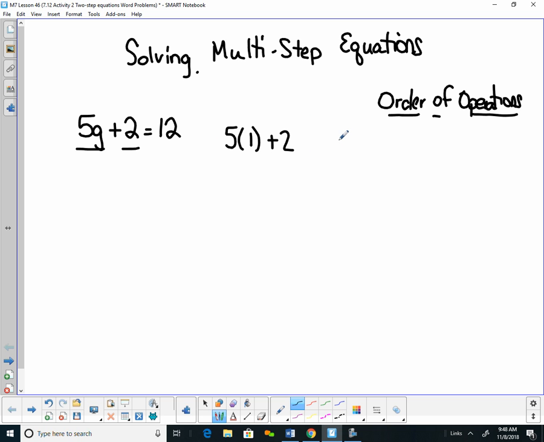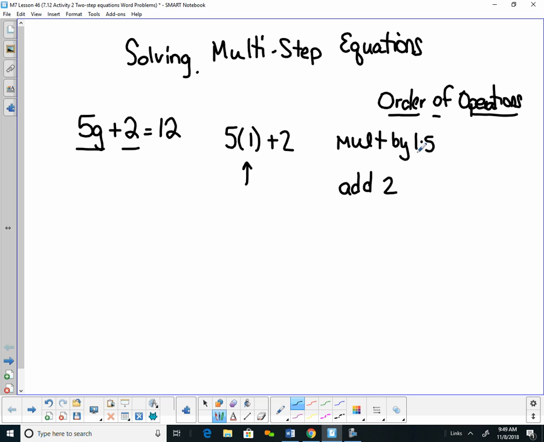Normally, you would tell me that I would need to multiply first, multiply by 1 times 5, and then you're going to add 2. Now, because we do not know what G was, we just kind of plugged in a number, but because we don't know what that is, we really can't multiply right here.